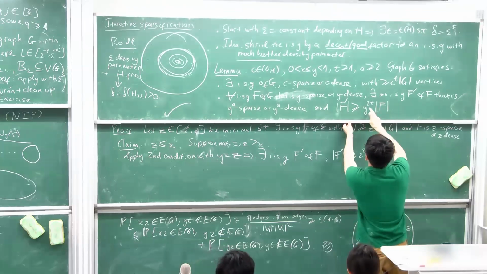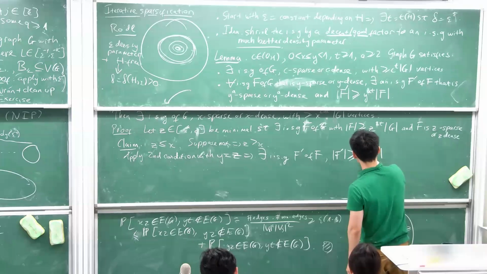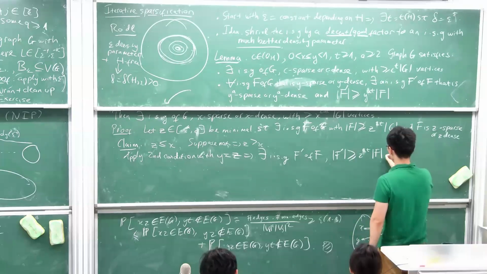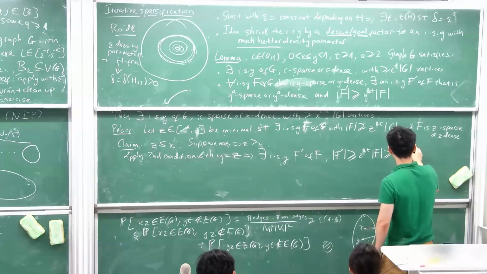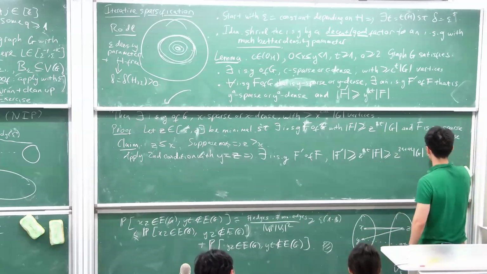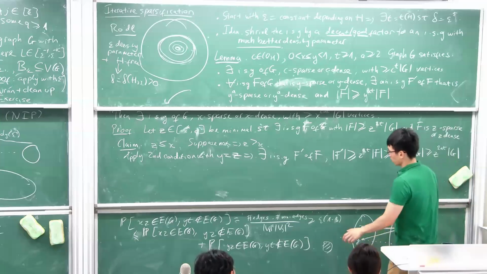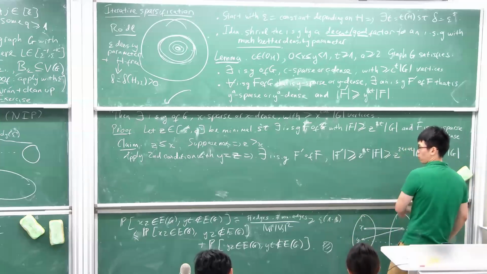This is not Y to the 2t. Sorry, this is Y to the 8. So Z to the 8 times F, and at least Z to the 2t plus 8 times G. And because t is at least 2, we'll say this is at least Z to the 2t times G. Okay. So again, F prime is not too small.